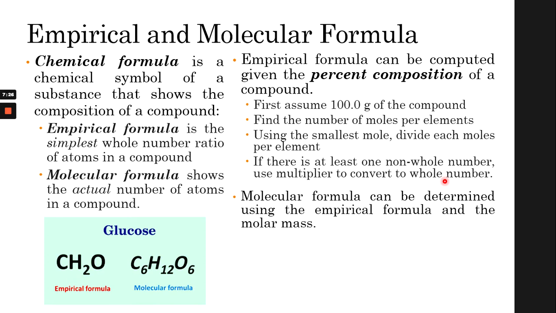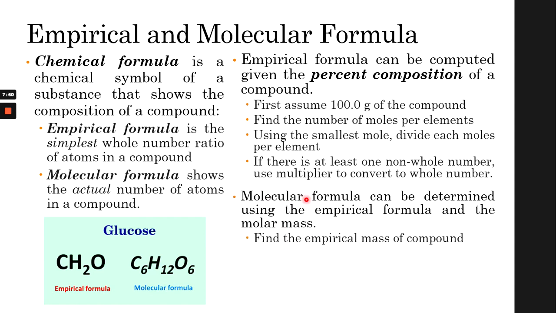So after that, we're also going to find the molecular formula. If you want to find the molecular formula of a compound, first we have to know the empirical formula of that compound. The next important thing we want to know is the molar mass of that compound. So how are we going to find the molecular formula?